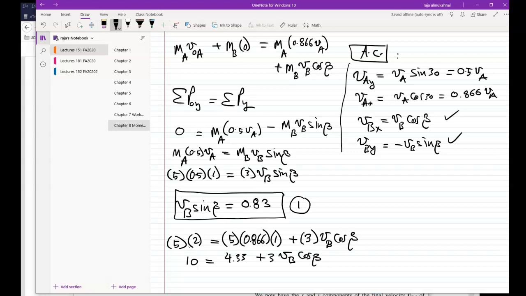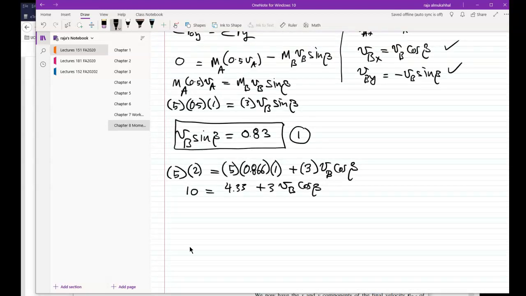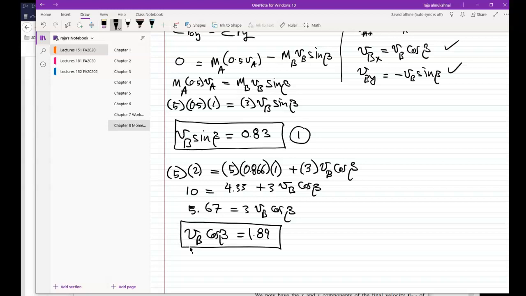And then I have 10 minus 4.33, answer 5.67 equals to 3 vB cosine beta, and divide this by 3. So basically what I have is vB cosine beta is equal to 1.89, and I'm going to call that equation 2.